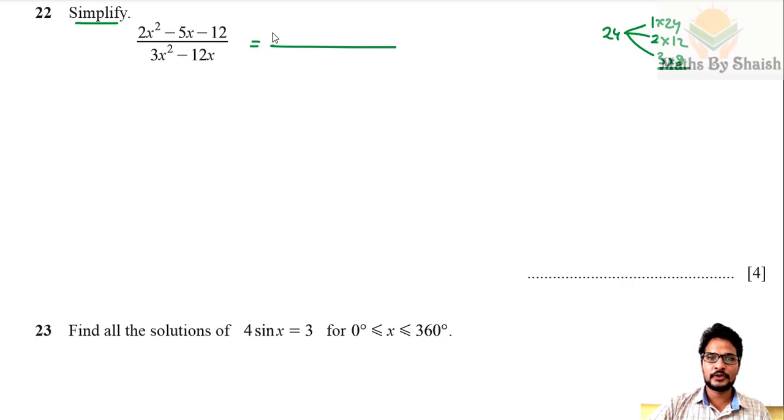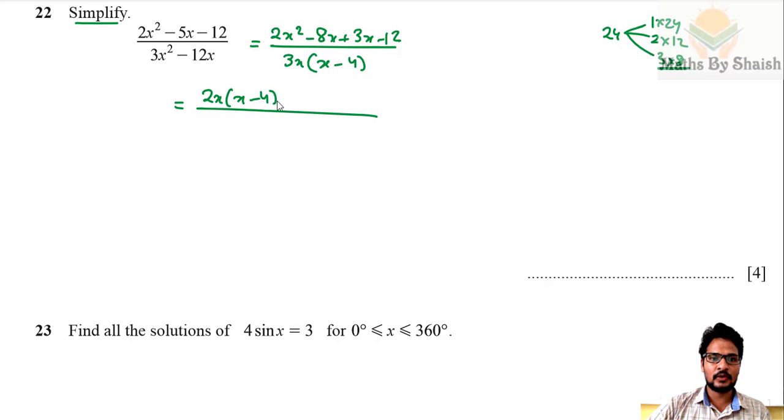So this is going to be 2x square minus 8x plus 3x minus 12 over 3x common in the denominator, and we got x minus 4, and then it is 2x common, x minus 4 plus 3 common, x minus 4 whole upon 3x times x minus 4.